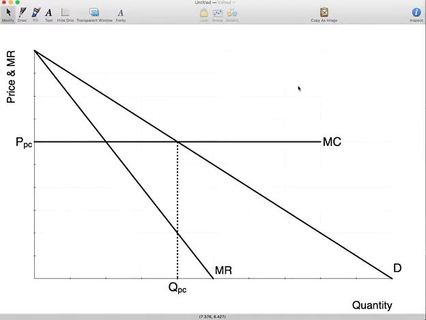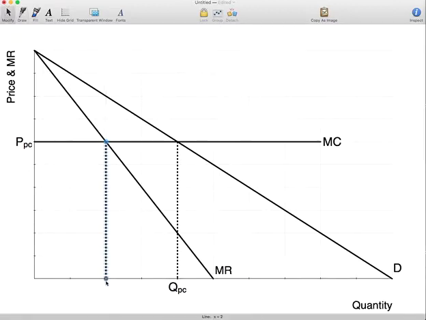For a monopoly, marginal cost is going to be equal to marginal revenue, and that will give us the profit maximizing output level. So if we follow marginal cost until we hit marginal revenue, where they intersect right here, straight down will give us the output level in monopoly.